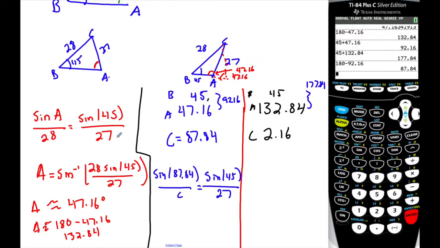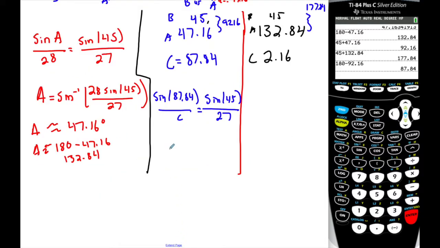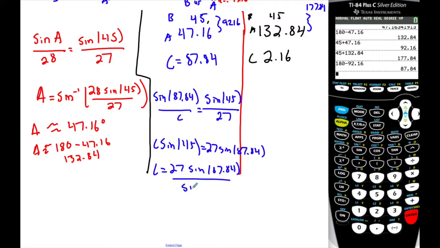Silly me, I should have seen that right here. Okay. So I'll do C. Again, I'll cross multiply. C sine 45 equals 27 sine 87.84. So I got C is 27 times sine of 87.84 over sine of 45.